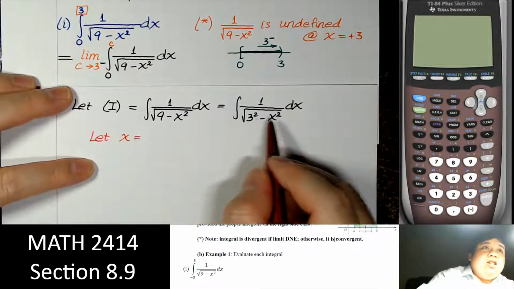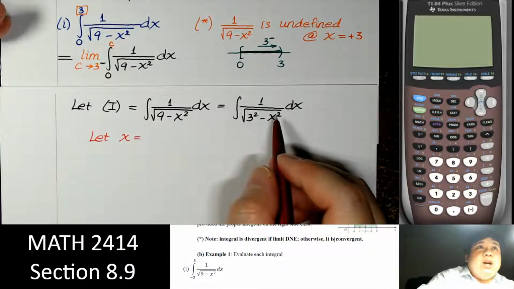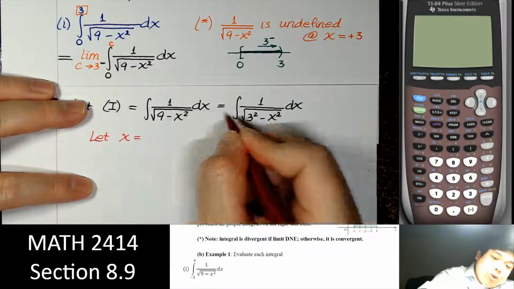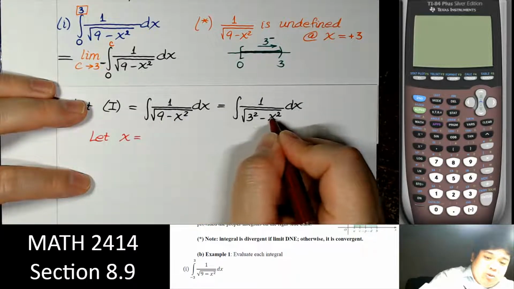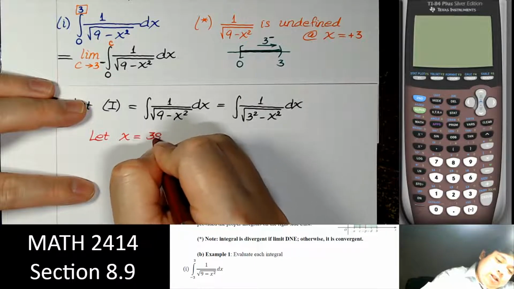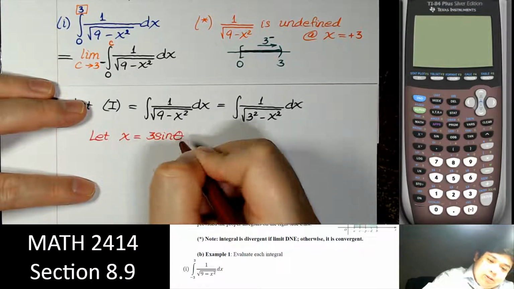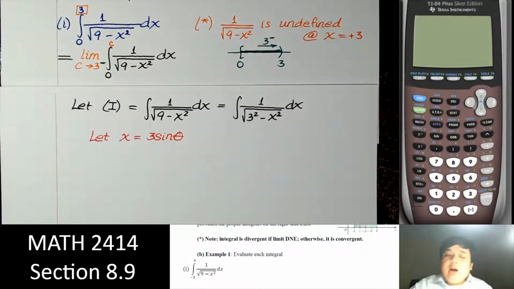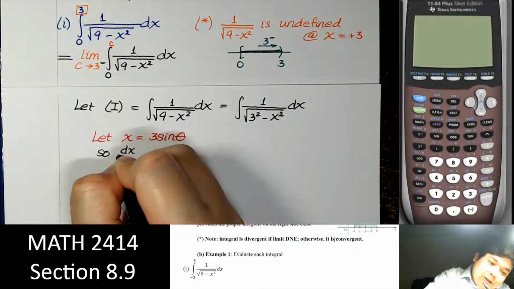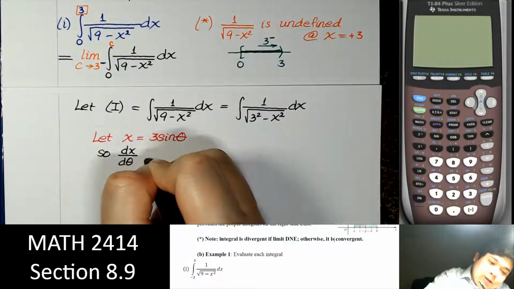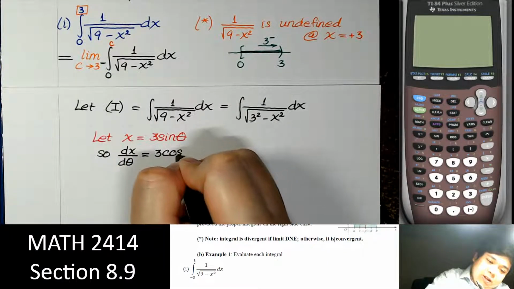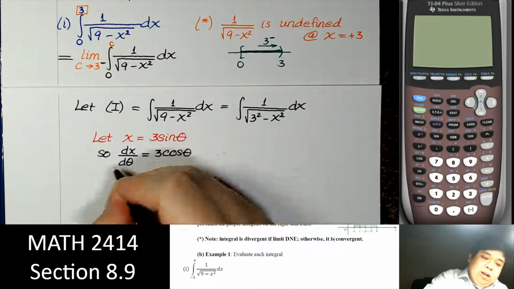So when we have this scenario, section 8.4 says that we use trig substitution, and this scenario is a sine, so x equals 3 sine theta. Take the derivative: dx equals 3 cosine theta d theta.